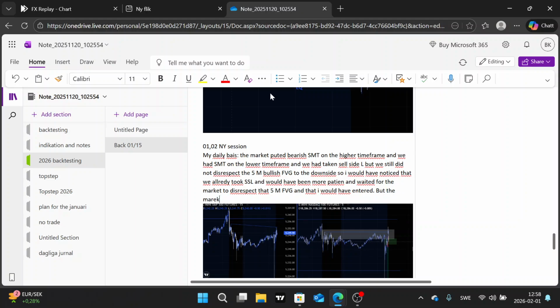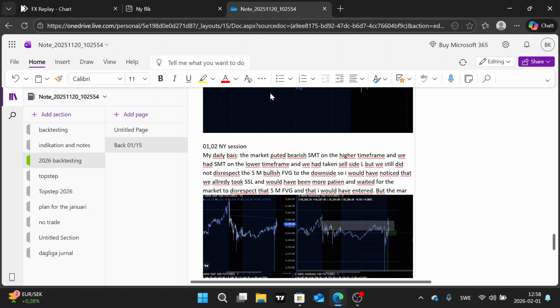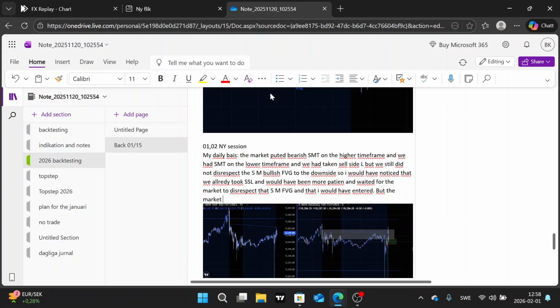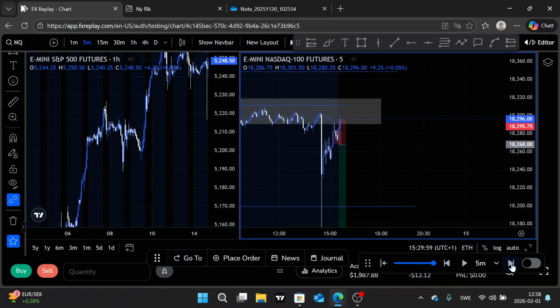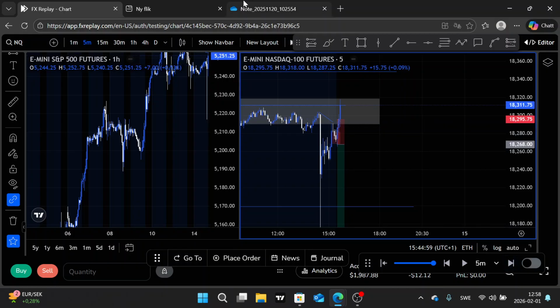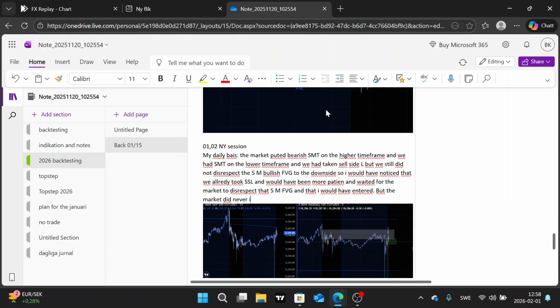The market never inversed that 5 minutes gap.